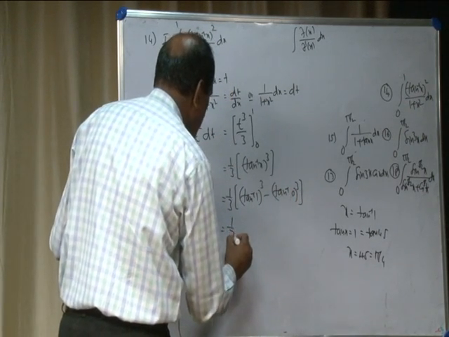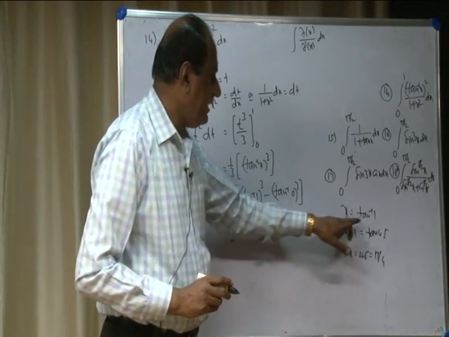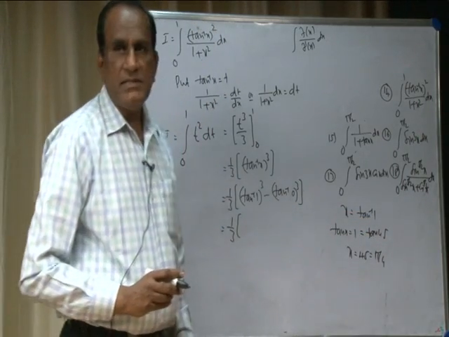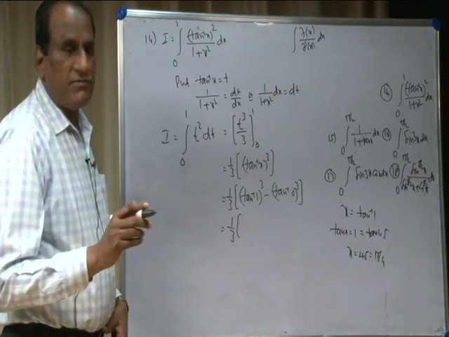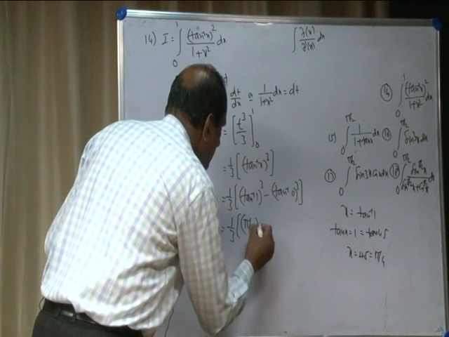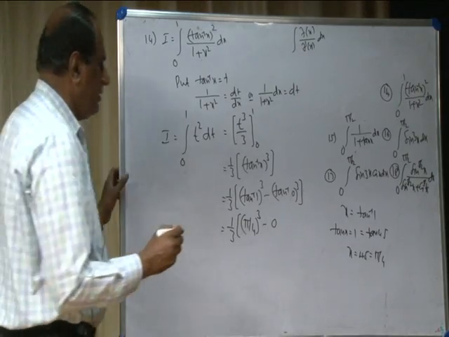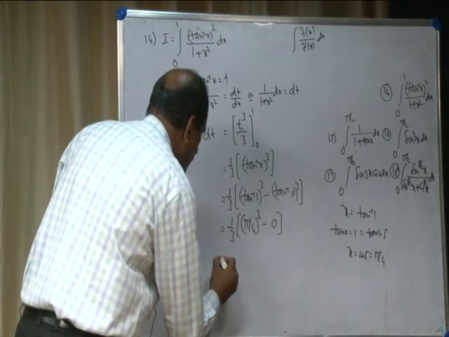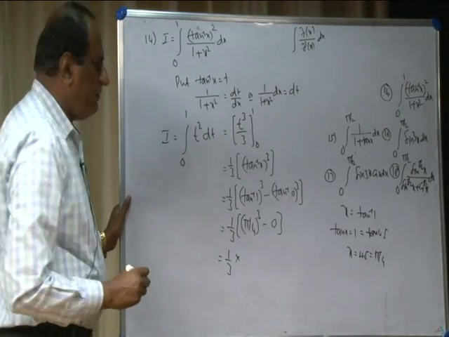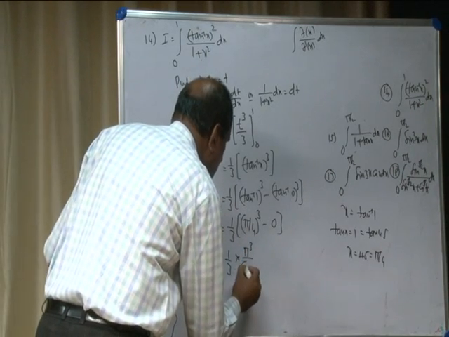Now, 1 by 3 into, what is tan inverse 1? I already explained: x is equal to tan inverse 1, tan x is 1, equal to tan 45, so x is equal to 45 degrees, or in terms of radians pi by 4. So we get pi by 4 whole cube minus tan inverse 0, which is 0. This is equal to 1 by 3 into pi by 4 whole cube, that is pi cube by 4 into 4 into 4, 64.